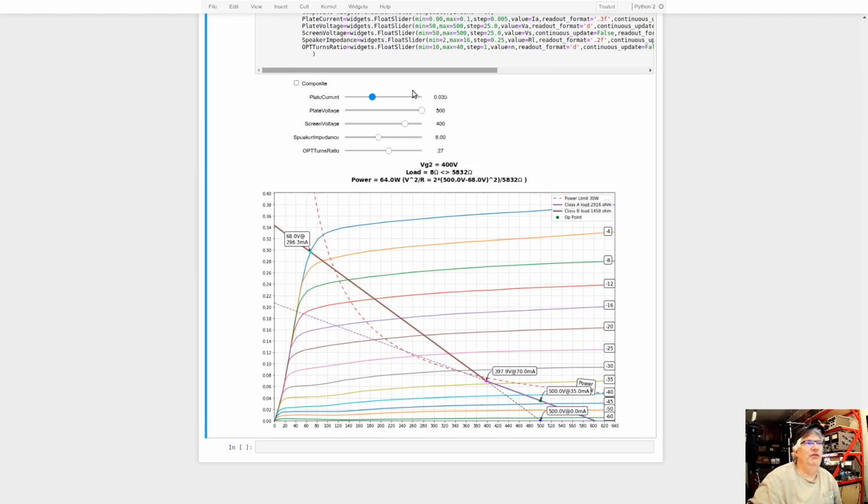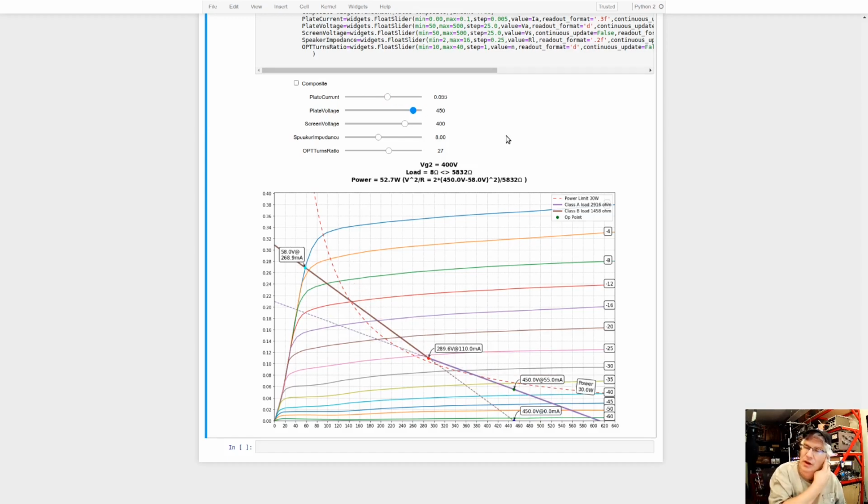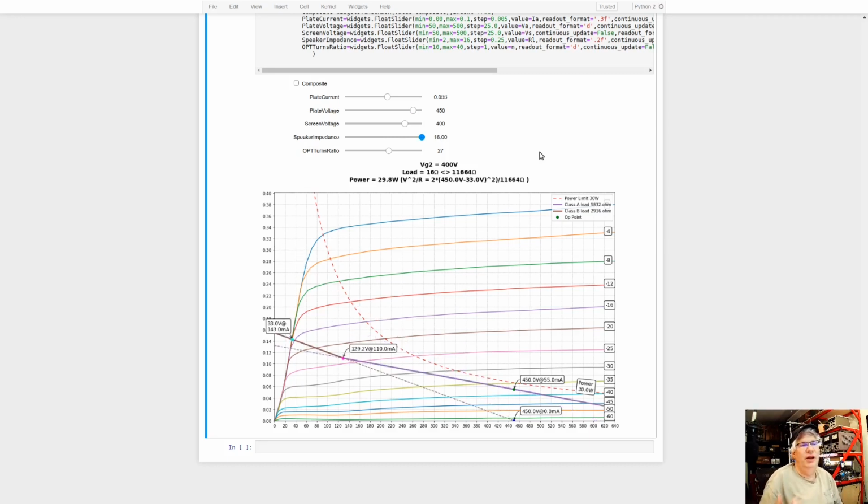So let's go back up to 55 where we are. Let's go back to our reset values, which is 55 and 450. This is where we started. If we change the speaker impedance, we're going to change the slope of this line. So let's say we put a 16 ohm speaker in the amplifier, and we drive it that way. So we've changed the slope of the brown line effectively.